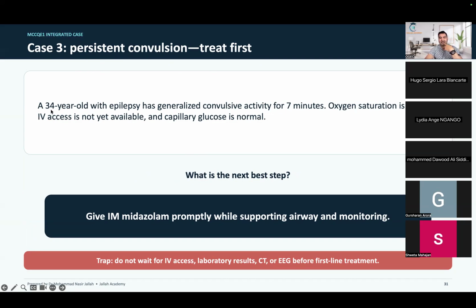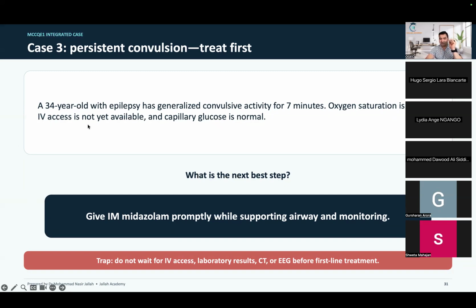Persistent convulsion: treat first. A 34-year-old with epilepsy has generalized convulsive activity for 7 minutes, so more than 5. Oxygen saturation is falling. IV access is not yet available, and capillary glucose is normal. What is the next best step? If the patient is seizing more than 5 minutes, my patient needs an IV benzodiazepine, 0.1 milligram per kg, maximum of 4 milligrams.